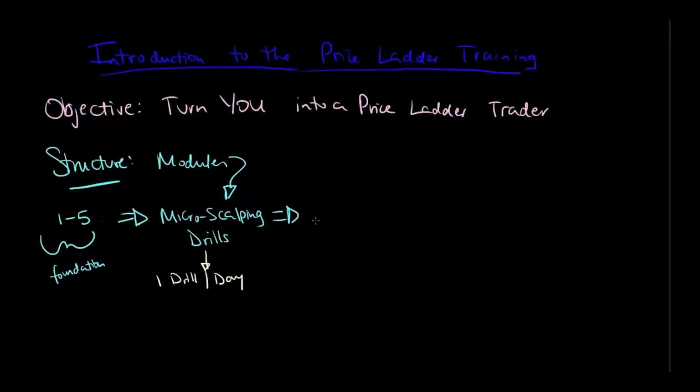Next, after we've done these micro scalping drills, you're going to be going through modules 6 to 7, which really is just 2 modules, but that's where we're going to introduce you to the Futex setups and a lot of the setups that I look at. Some of the setups are Futex based.